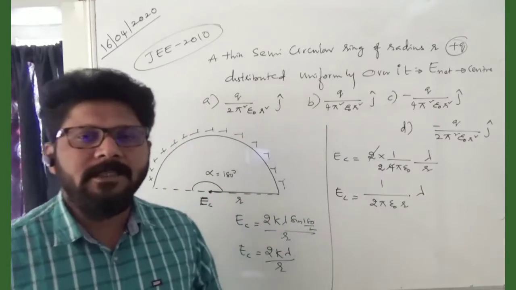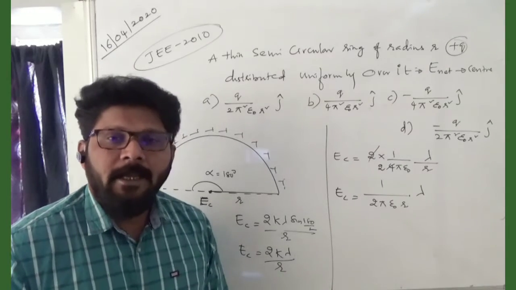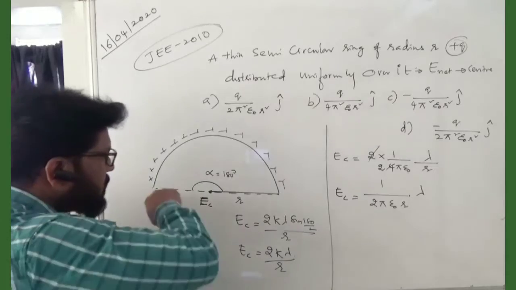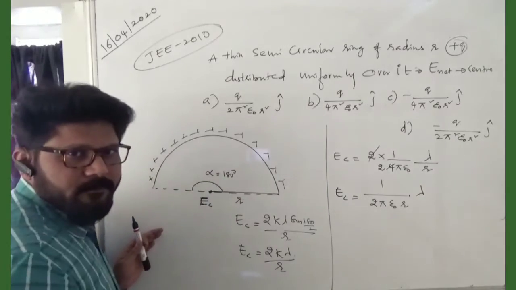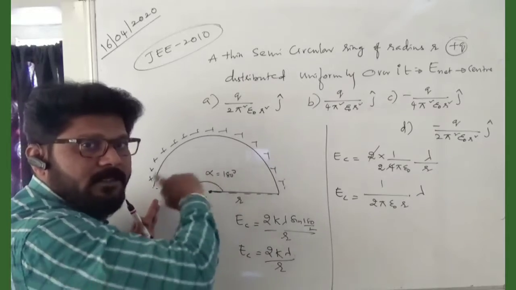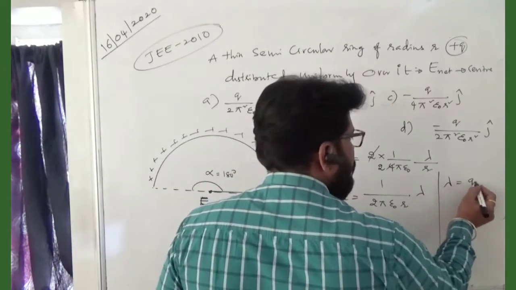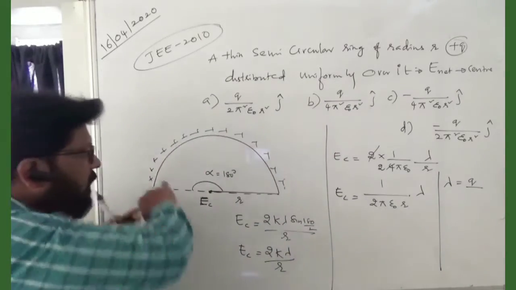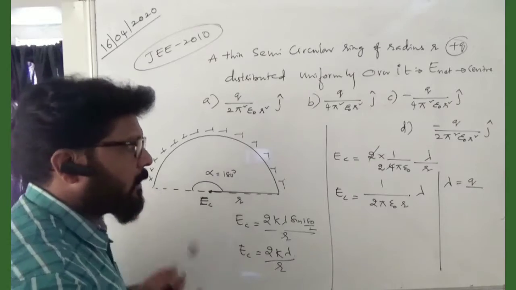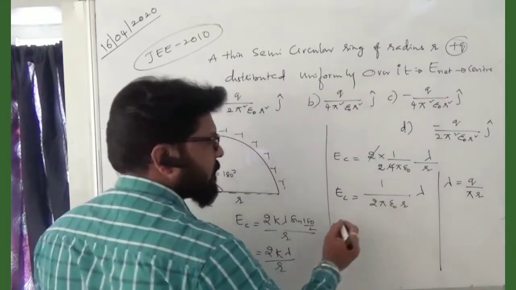Can you tell me what is lambda? Anybody? Q by L, that is the linear charge density. But here L is the length over which the charge is distributed, which is half of the circumference of the circle. So lambda is equal to Q by pi r. We substitute there.